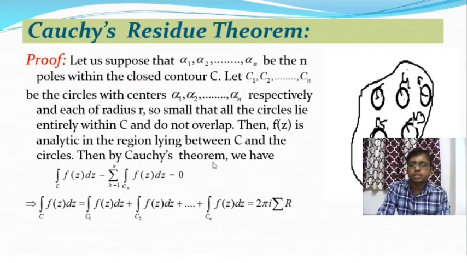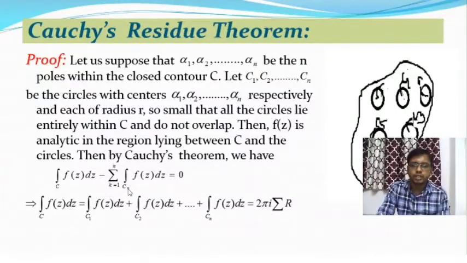Then by Cauchy's theorem we have integration over C f z dz minus summation over k is equal to 1 to n of closed integration over Ck f of z dz is equal to 0, and from this we will get the value of this integration, and it will be closed integration over C f of z dz is equal to integration over C1 f z dz.